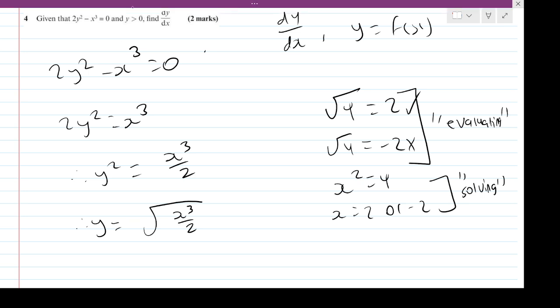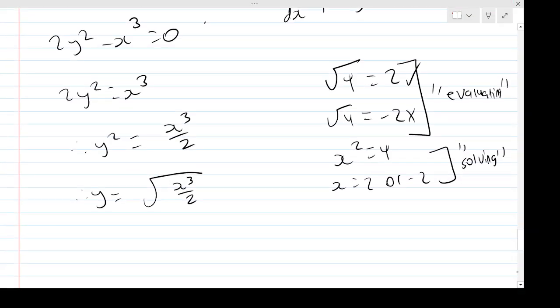So this is my final expression for y, but then they want me to find dy dx. Well, this function of x, root x cubed over 2, isn't a nice power of x. I need to use index laws to simplify. So I can split the root up to both top and bottom, so it's going to be root x cubed over root 2.